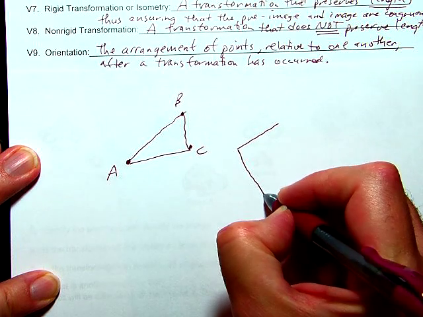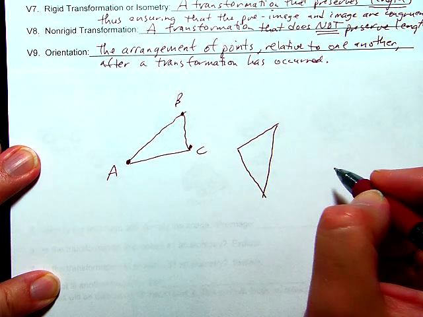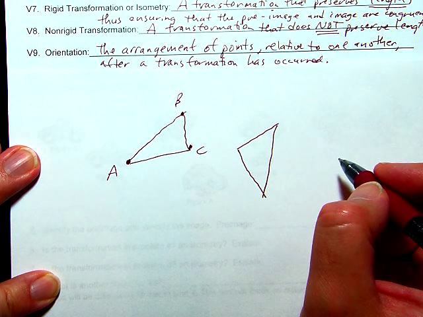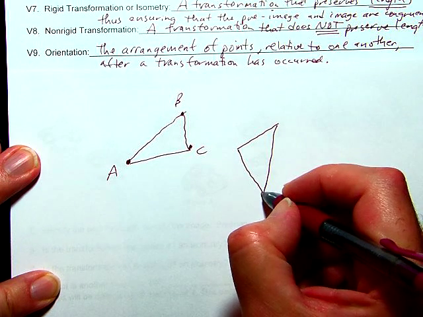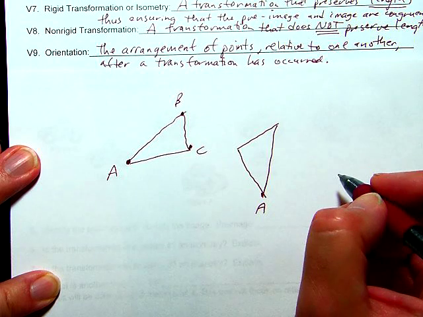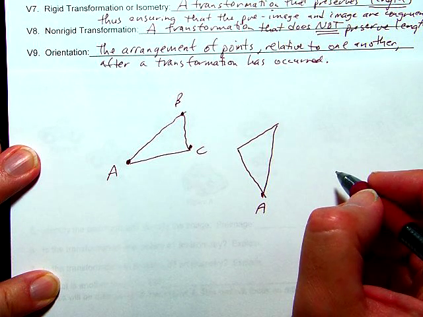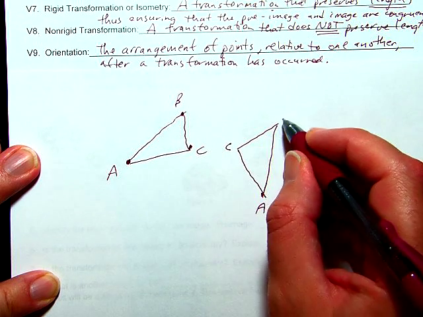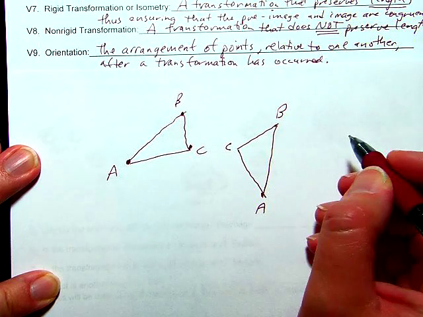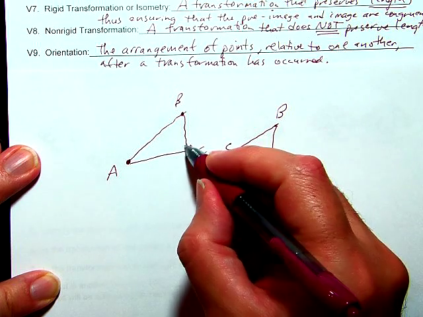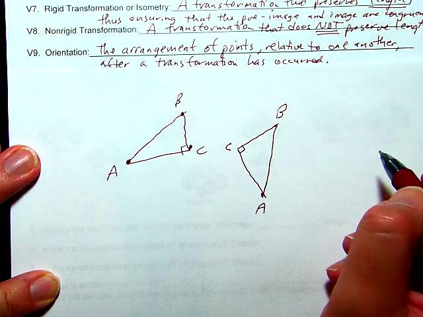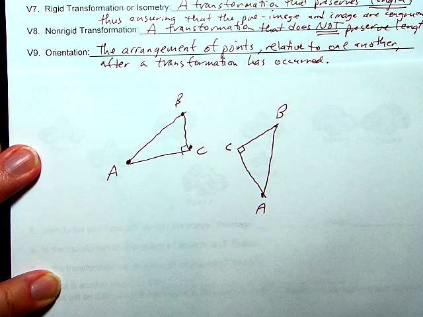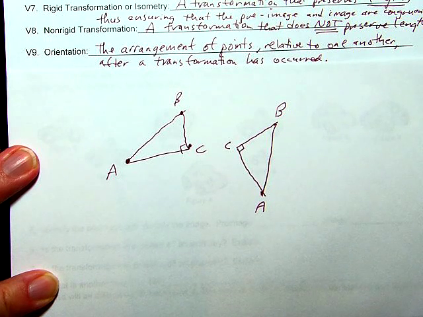I'm going to try to draw a triangle that's pretty much a congruent triangle. And I'm going to label this point A, and this point will be C, and this point will be B. So this is basically, let's say we had a right angle here, right angle here. These two triangles are congruent, but their orientations are different.